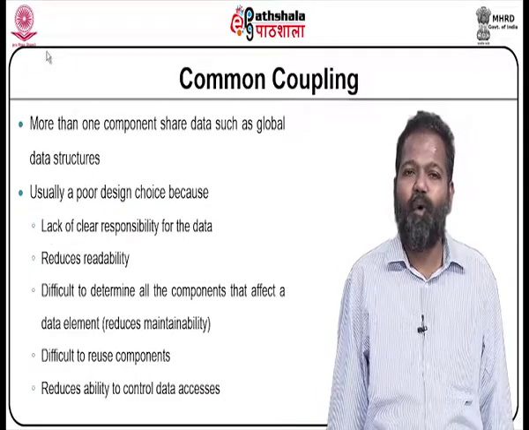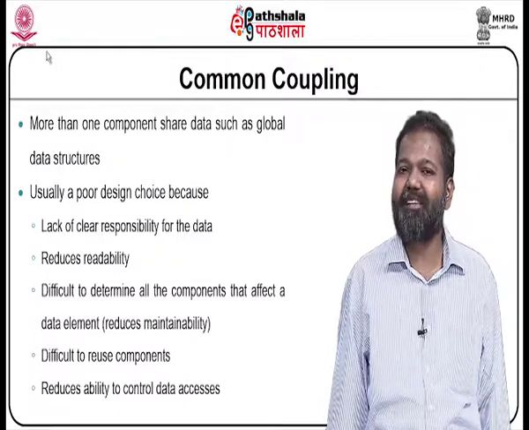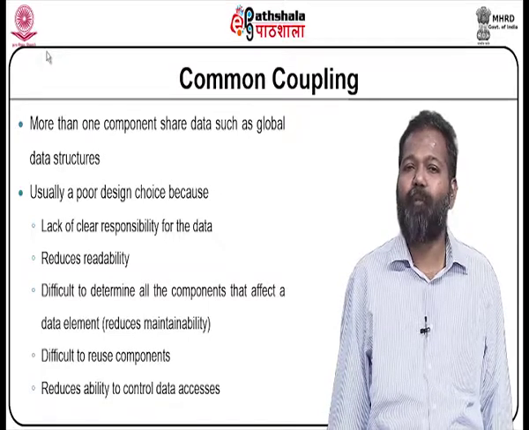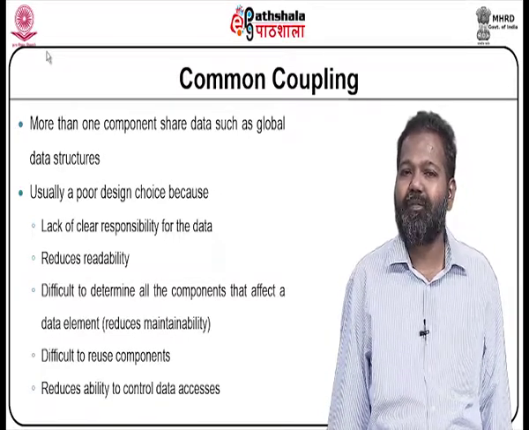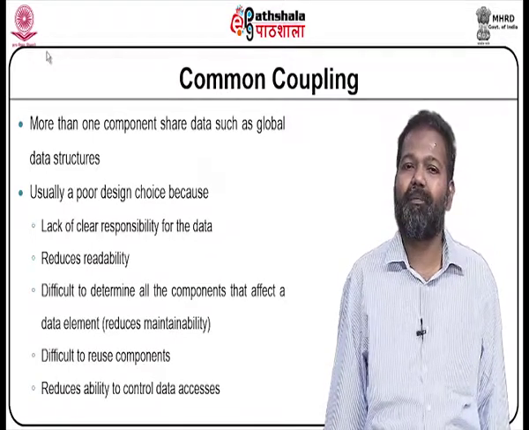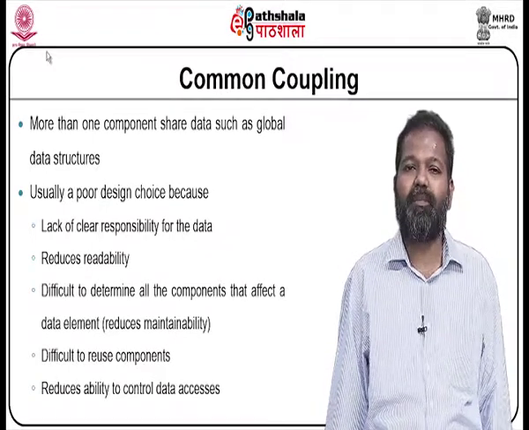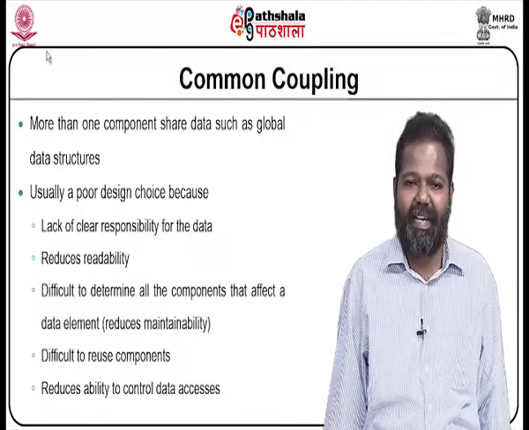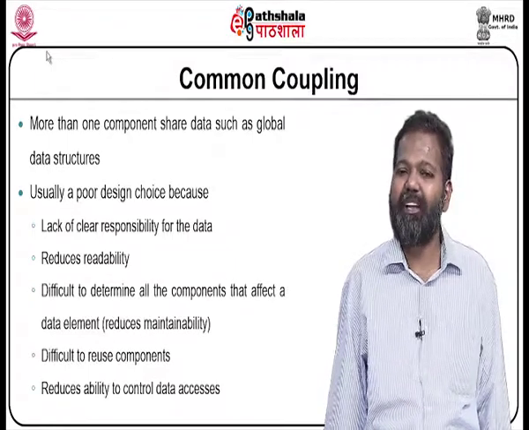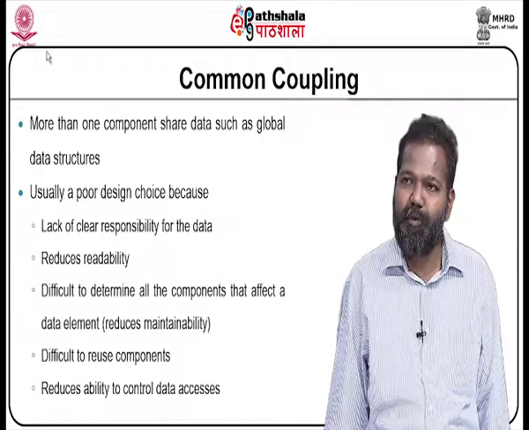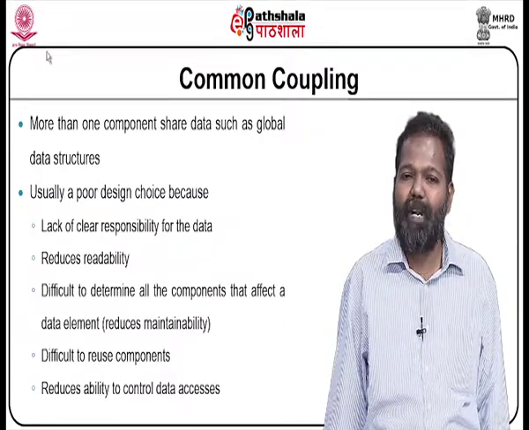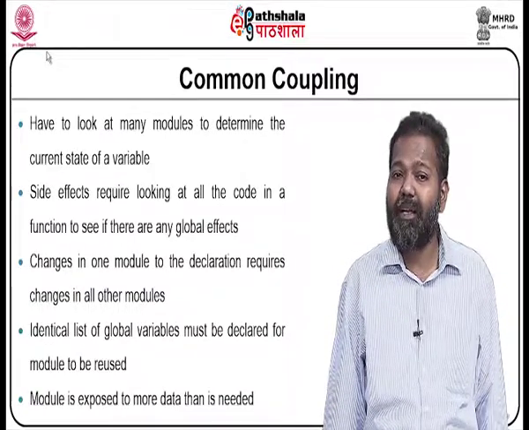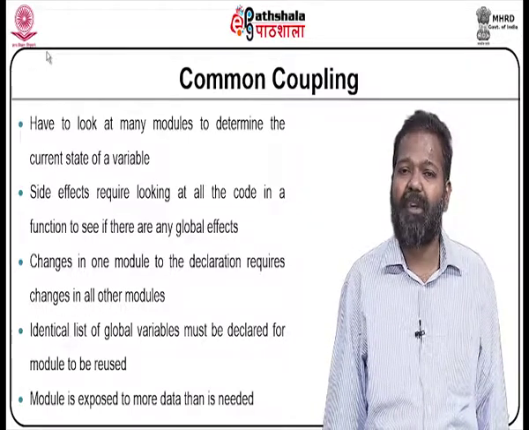Common coupling: more than one component shares data such as global data structures. Usually a poor design choice because of lack of clear responsibility for the data, reduces readability, and it is difficult to determine all the components that affect a data element, which reduces maintainability. It is difficult to reuse components, reduces ability to control data access, and you have to look at many modules to determine the current state of a variable.